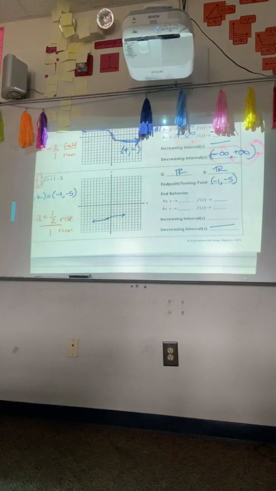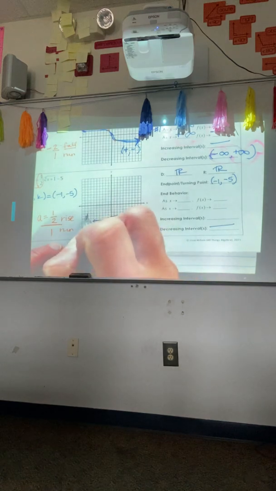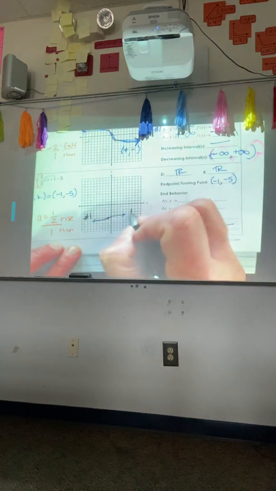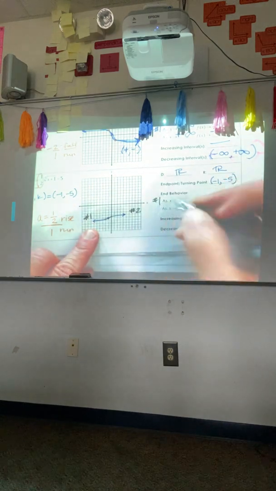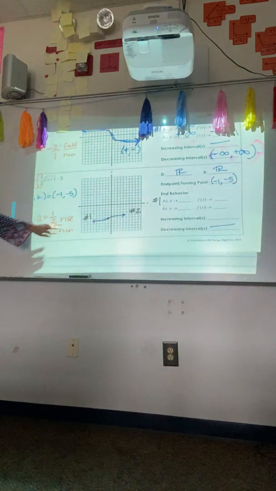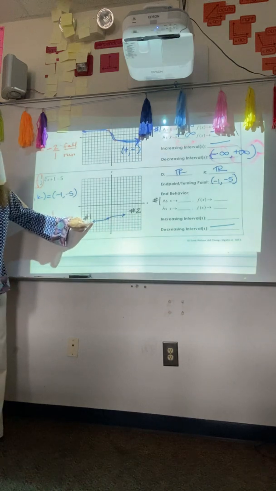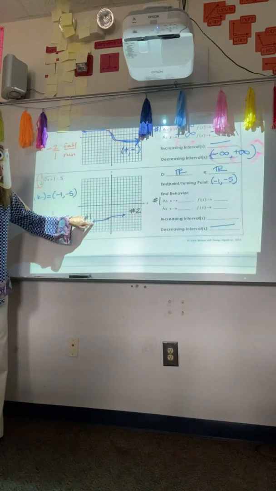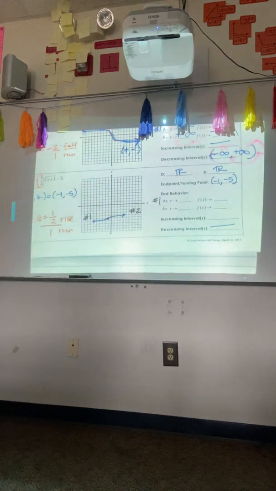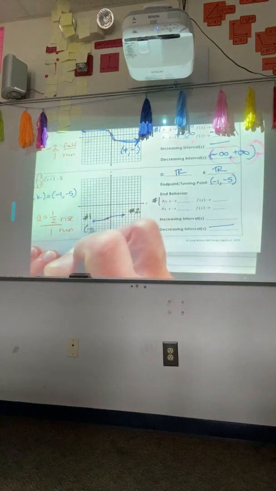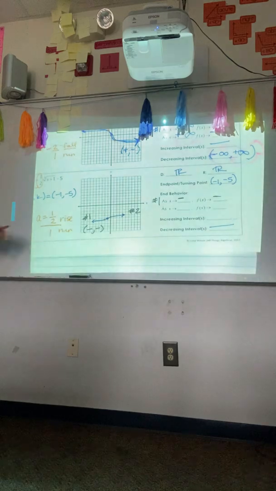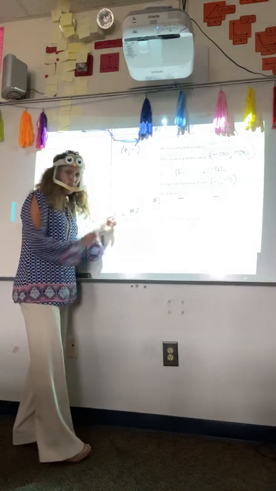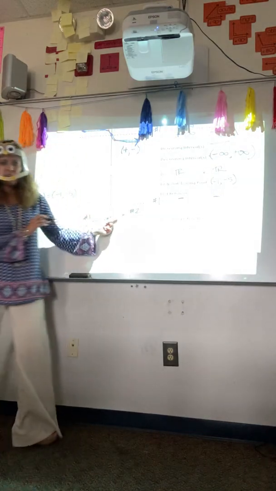All right, end behavior. End number 1 is right here, and end number 2 is right here. Let's look at end number 1. This is going downward. Which quadrant is this arm going to end up in? Negative, negative. It's going to stay in that quadrant. I know this one's traveling up a teeny, tiny bit.